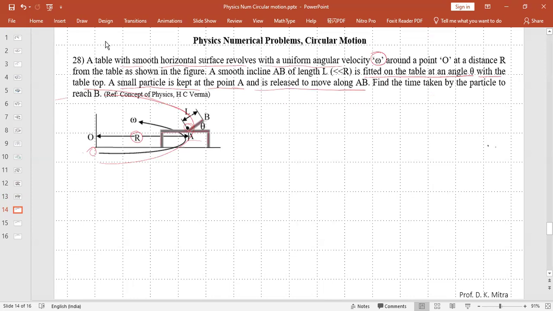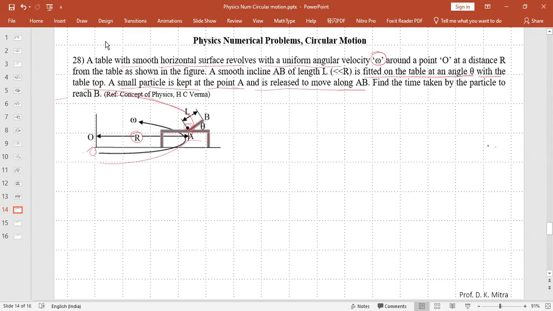Now, why should it move along AB? Here, actually, when the whole table is revolving around O, this small particle will need a centripetal force.